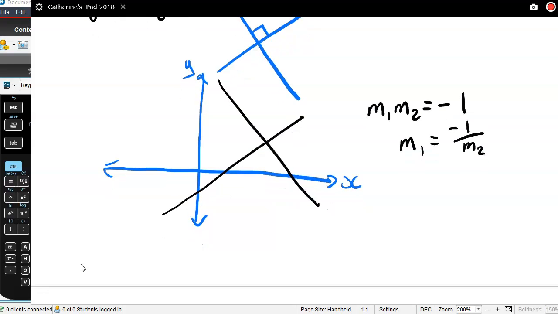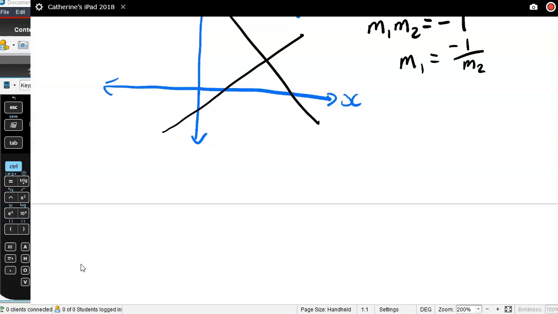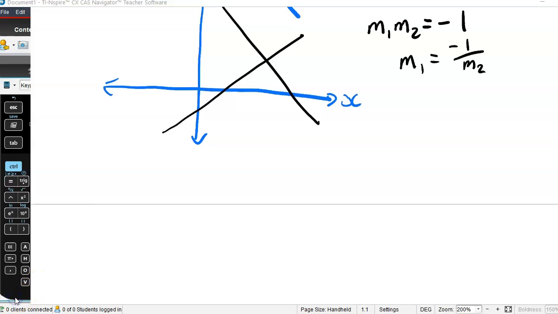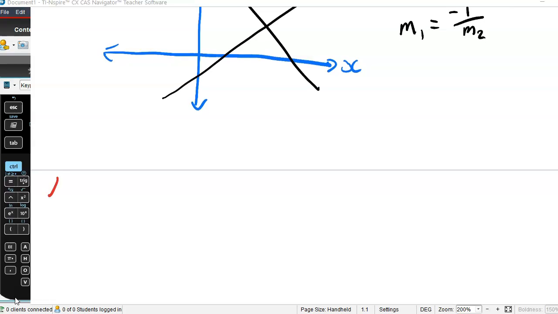Okay, so let's do some examples with that one. So e.g. we have a line y equals 6x plus 3.